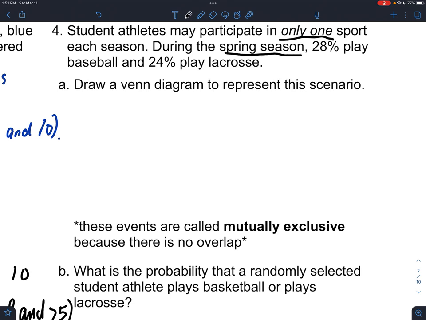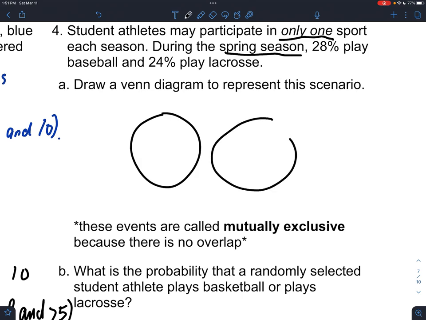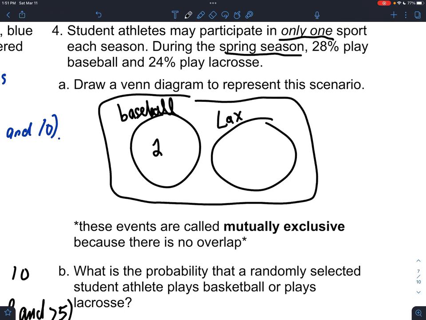So if an athlete can only participate in one sport, and during the spring you can either be in baseball or lacrosse. And 28% are in baseball, 24% are in lacrosse.